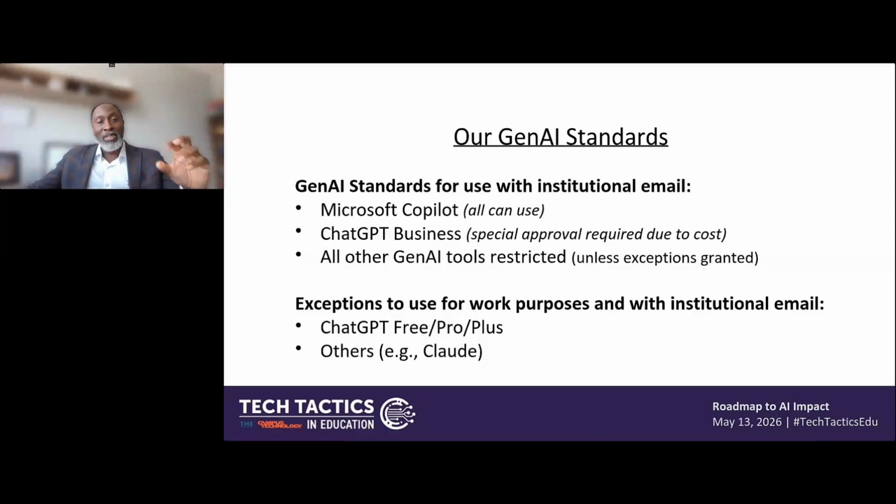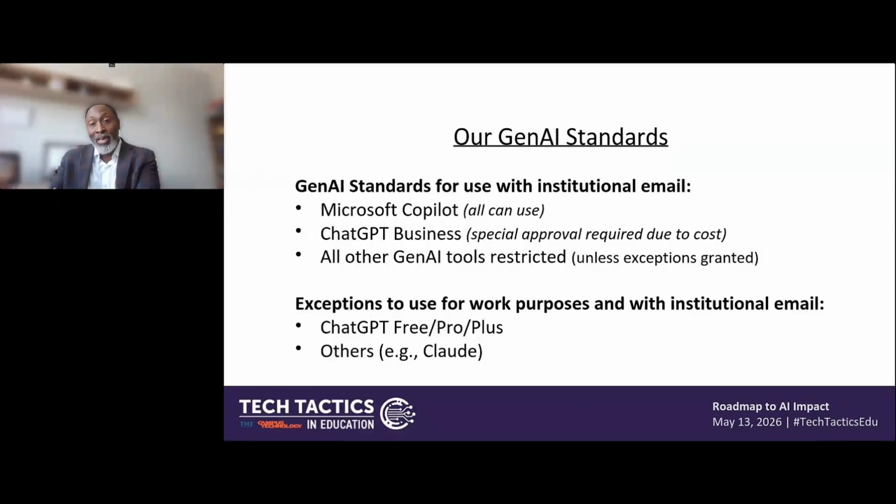Now, ChatGPT Business is a standard because it does not ingest the data into its learning model. Same thing with Copilot on the tenant. So again, we're allowing people to use it. We have standards, but we're protecting the data. We're coming from a perspective of protecting the data. So with ChatGPT Free, Pro, and Plus, the data is included in the learning model.